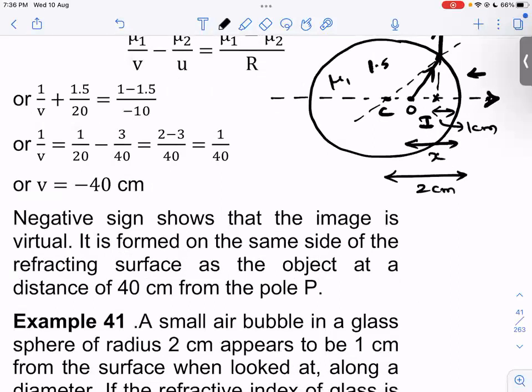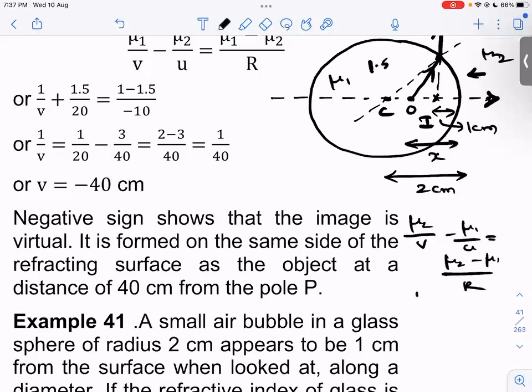If this is mu1, this is mu2. Mu2 by v minus mu1 by u is equal to mu2 minus mu1 divided by r. So what is mu2? Mu2 is not 1.5. Mu2 is the place where the image is formed, so 1 by minus v.